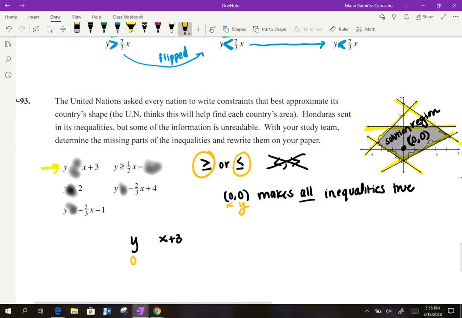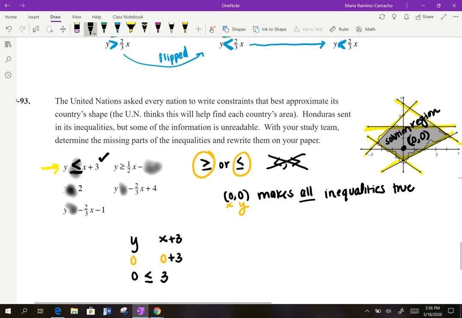Okay, so if I plug in 0 for x and 0 for y, and I simplify, which one of these would make this true? Do I need less than or equal to make this a true statement, or do I need greater than or equal to? Well, 0 is less than or equal to 3. And so for this first inequality, we have less than or equal to. Okay, so this one is done.